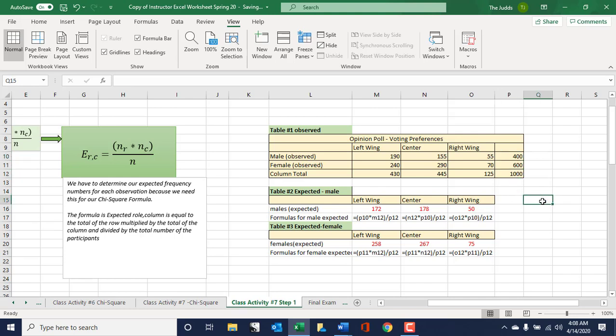So for the males of left wing, to get that we multiply 430, the total for the left wing, times 400, the total for the row, and divide by 1,000, and we get our 172. Remember, in Excel we've used the formula using our rows and columns.